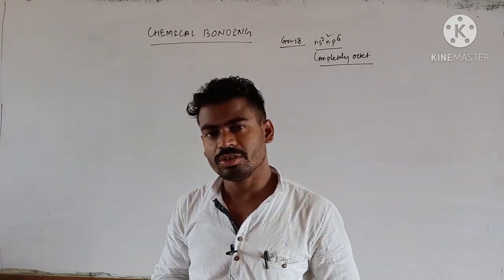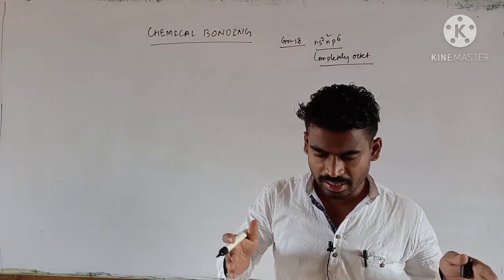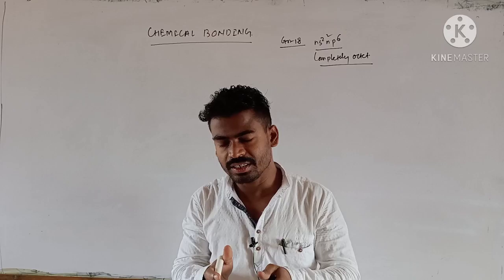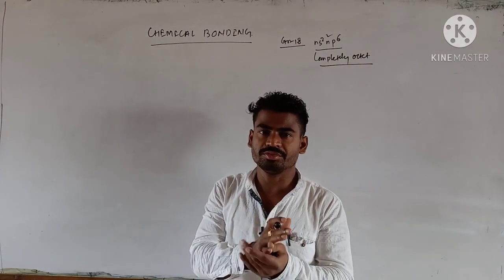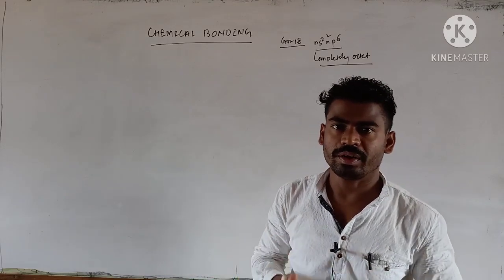So bond is nothing but an attractive force which exists among the constituent atoms in a molecule, that is called a chemical bond. So chemical bond means force of attraction.